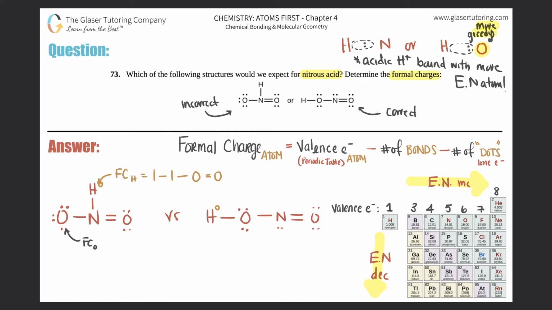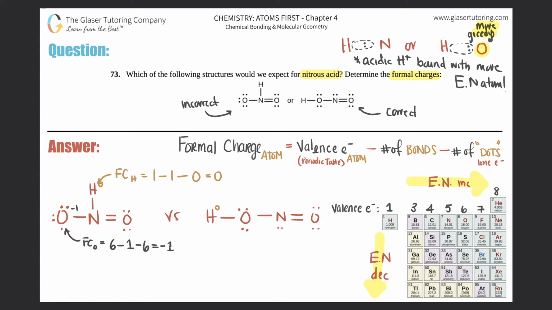Formal charge for oxygen in this case is, oxygen has 6 valence electrons, so that's 6 minus, there's 1 bond that's bound with that oxygen, so minus 1, minus the lone electrons, the dots, 1, 2, 3, 4, 5, and 6. So minus 6. And that should give you a negative 1. So this has a negative 1 charge.